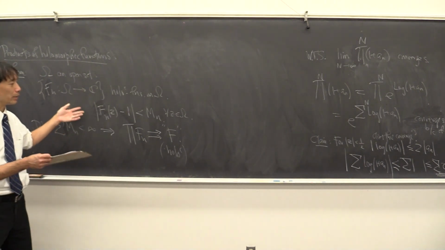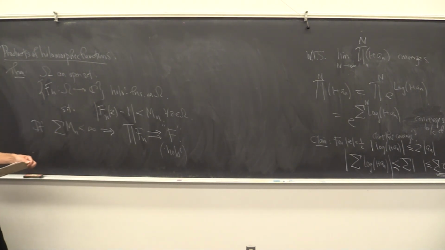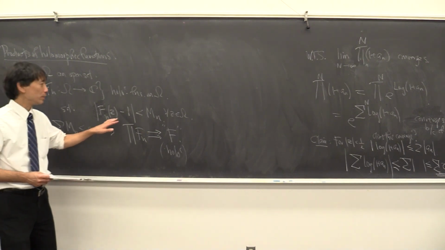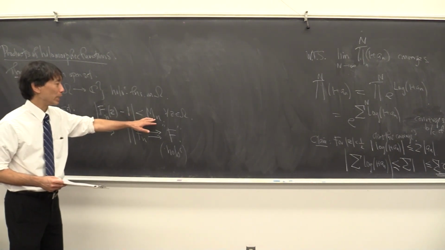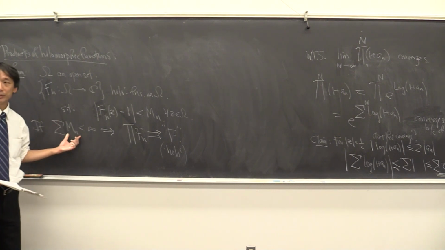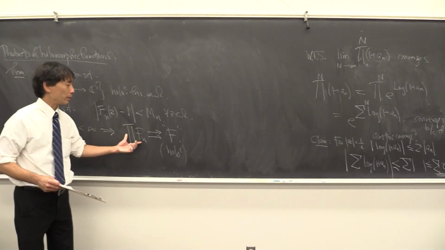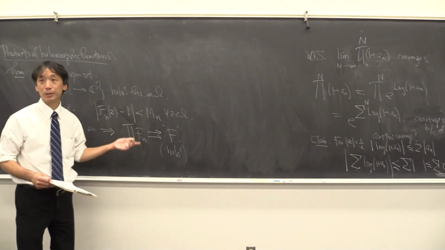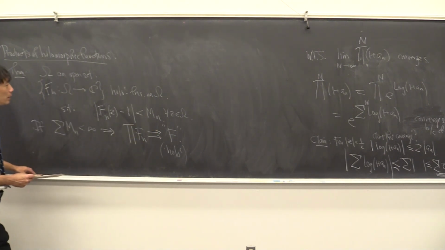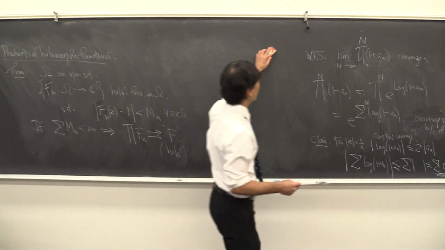This is sort of like the product analog of that. As long as your distance from 1 is controlled by some bounds whose sum is finite, then your product converges uniformly to some function. That's probably how you want to think about this.